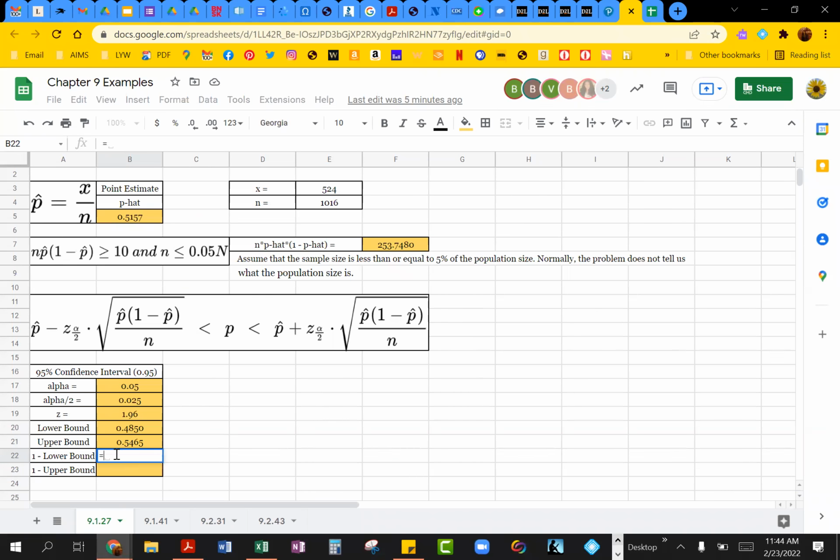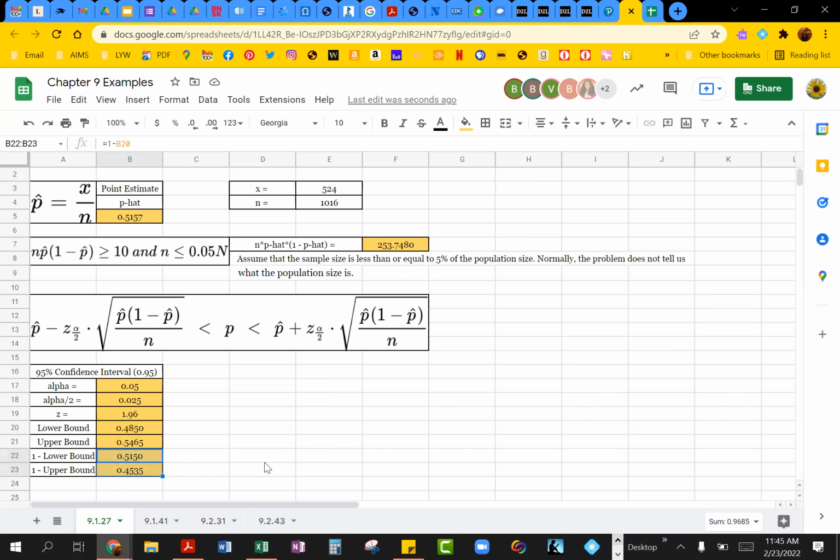So you can see you're basically doing 1 minus the lower bound here. And then for the other one, we will be doing 1 minus the upper bound. And that will actually give you the confidence interval for the people who say television is a necessity.